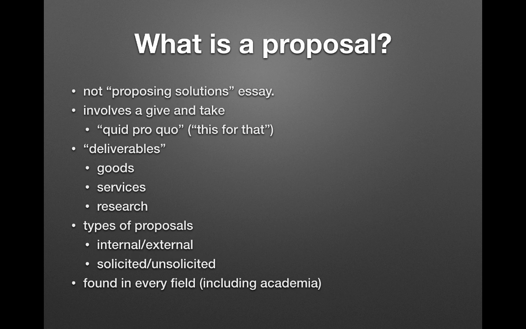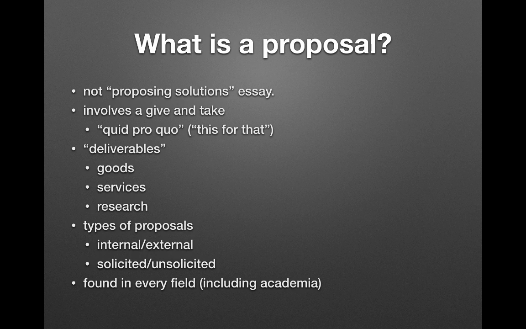So we kind of have a happy medium there. So that's the difference between internal and external, and then solicited and unsolicited. Solicited proposals, they've asked for proposals. They've issued something, a request for proposals about something, and you've responded to that.